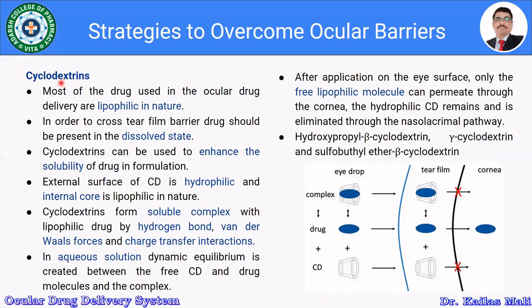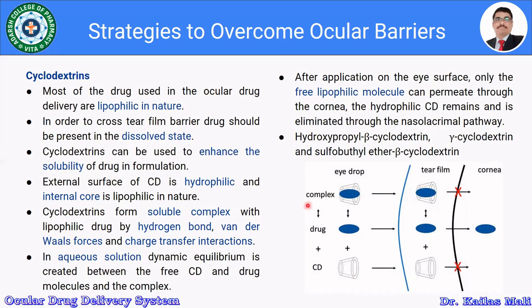Let us see the cyclodextrin. The use of cyclodextrin is yet another approach to improve the bioavailability in the case of eye drops. Suppose, for example, this is the drug, and here it's a CD, and it is going to form the complex.